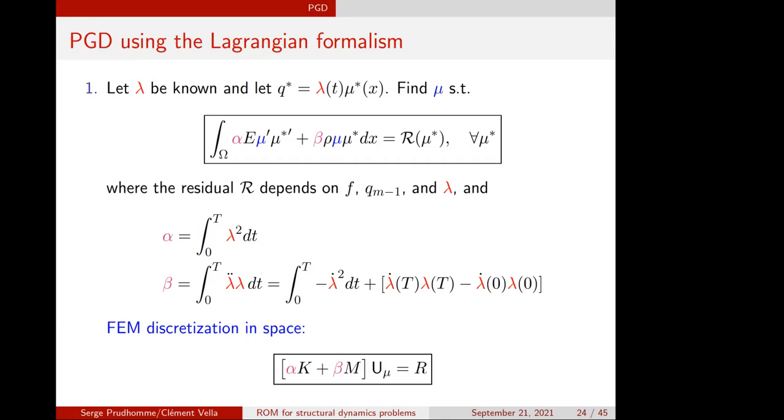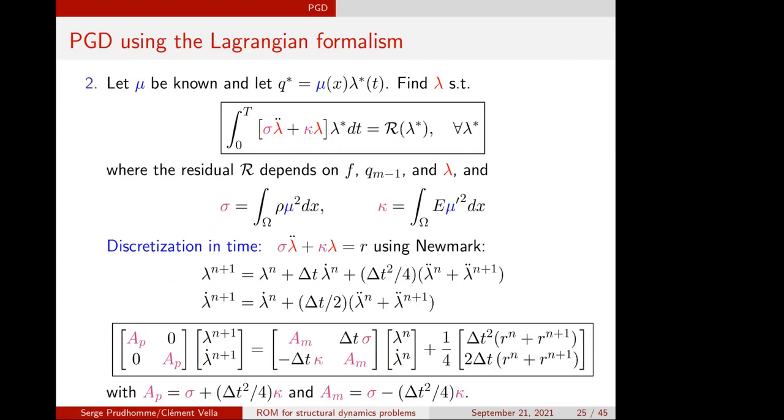Okay, so that's the first problem for the first iteration. Once we get the first iterate, we look for lambda, considering that mu is known. We do the same. The only thing is that the test function Q star is now the product of mu, which is known, and lambda star, the test function with respect to time.